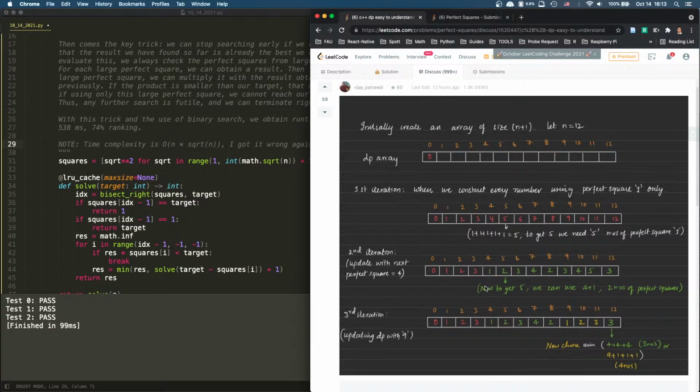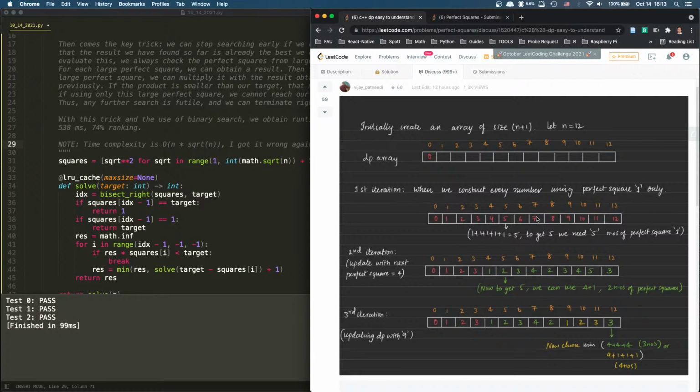So, which is minus 4? Oh, we use 4. So if we use 4, then this one will be 1. Wait, this is 4 plus use 1, gives us 7.